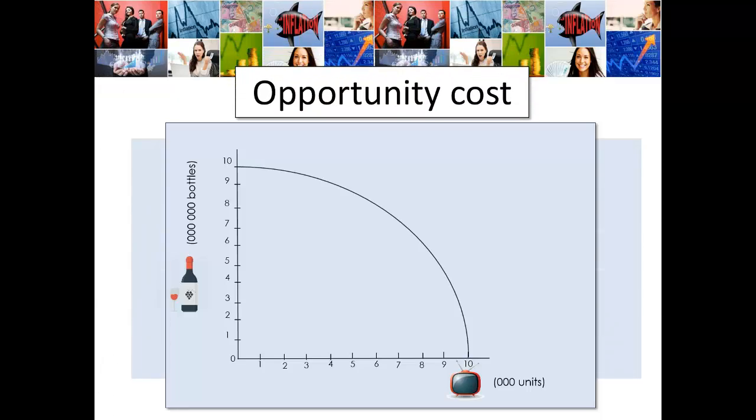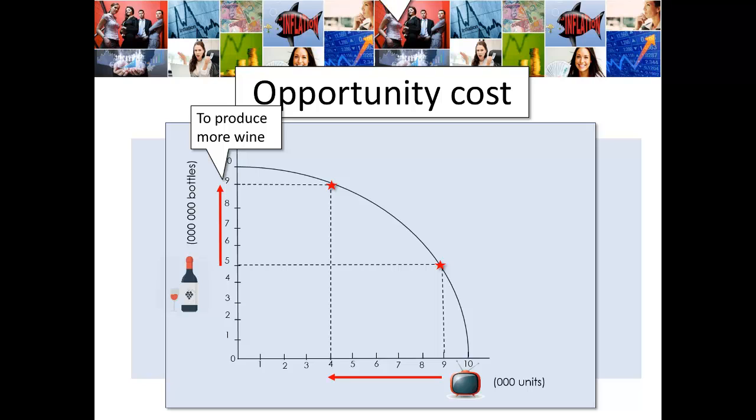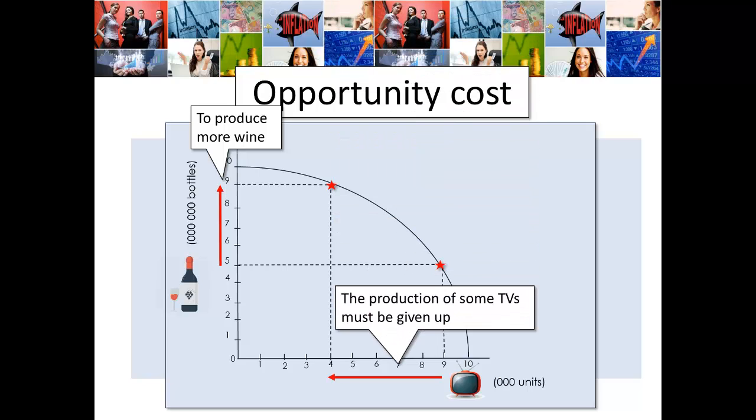Opportunity costs can be easily shown on our PPC model as well. So we have got these two goods that we can be producing in the economy. Remember, that's one of the assumptions, that only two goods are being produced. So if an economy decides to produce 500,000 bottles of wine and 9,000 units of TVs, if they wanted to increase the number of bottles of wine that the economy is producing, then they're going to have to decrease the number of televisions that they produce.